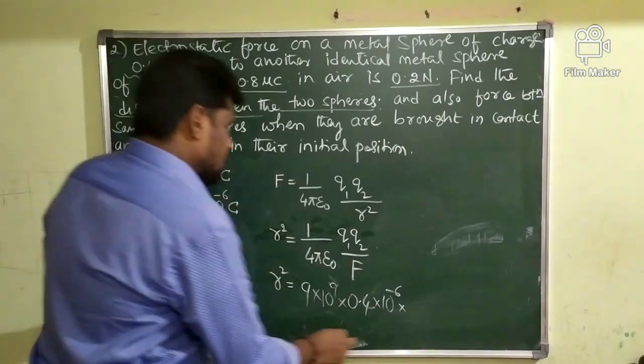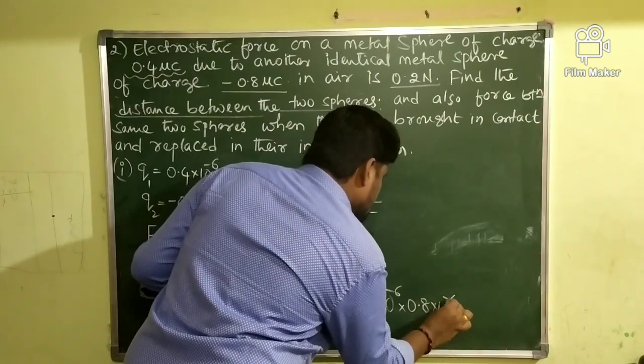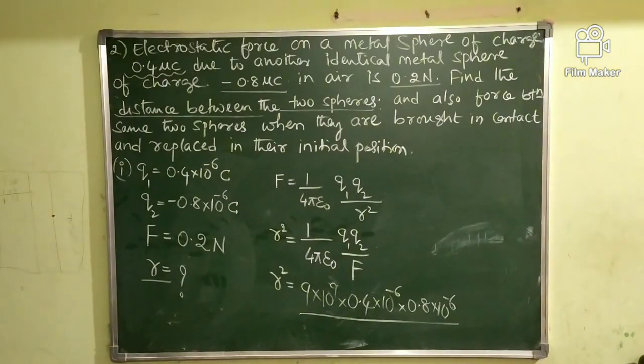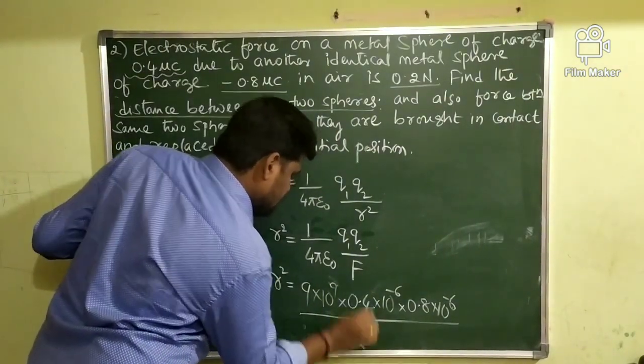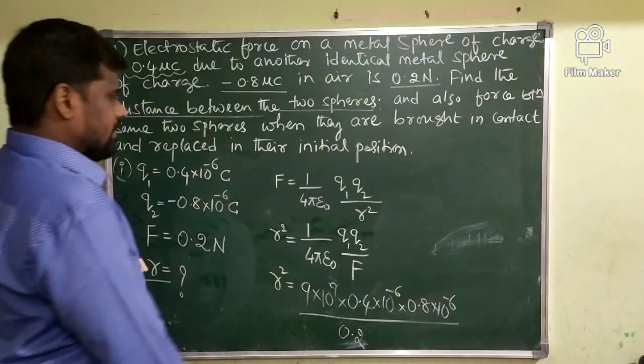Therefore what can I write now? 0.8 into 10 power minus 6 divided by, what is the value of F here? F value is given as 0.2.